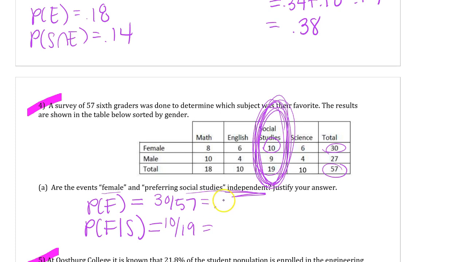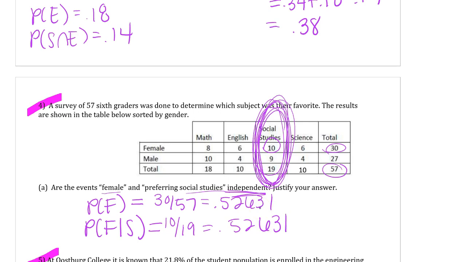For the first decimal, you'll get 0.52631. And you actually get the same decimal, about 4 or 5 decimal places there, for the second probability. So because these numbers match, your events are independent.